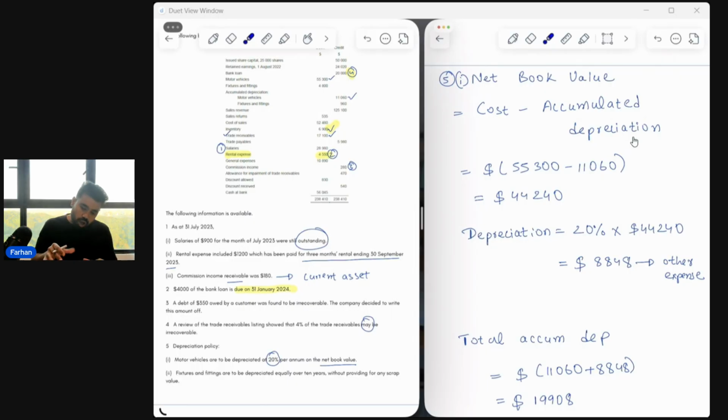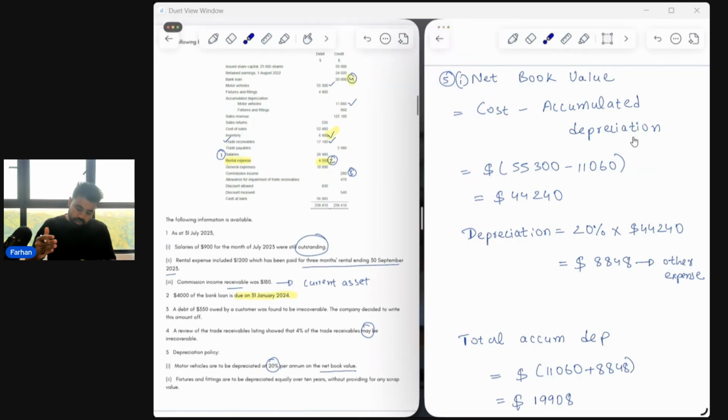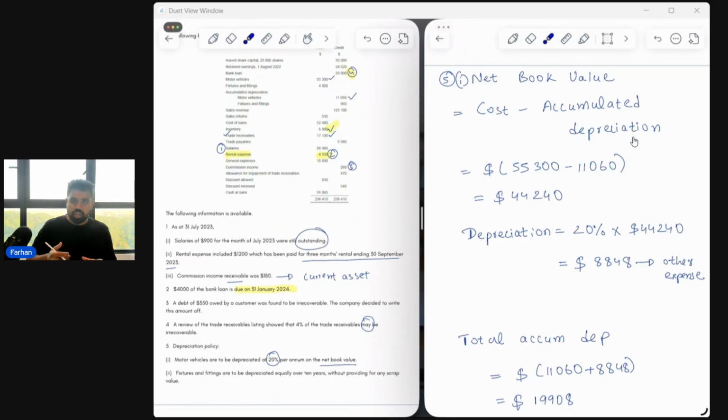The cost of these motor vehicles is 55,300, and the accumulated depreciation is 11,060. So we find the net book value to be 44,240, and now we calculate the depreciation by multiplying the depreciation rate of 20% with the 44,240 net book value, which is also the reducing balance method. That gives us a depreciation of 8,848 for motor vehicles, which we will show in the other expense.